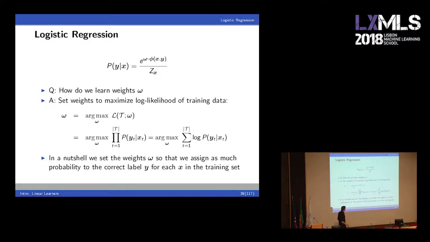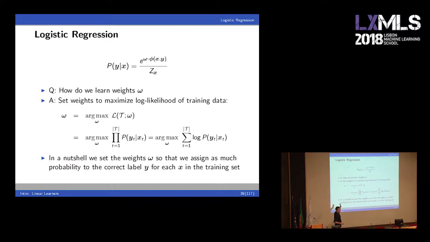So how do we learn the weights? Again, we do maximum likelihood estimation. So we maximize the likelihood of the training data. So the product of the conditional probabilities of labels given inputs is the same as maximizing the log likelihood.